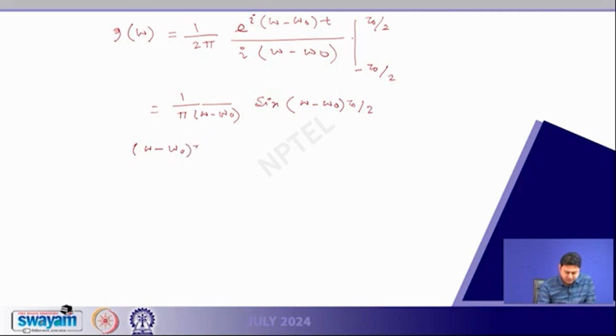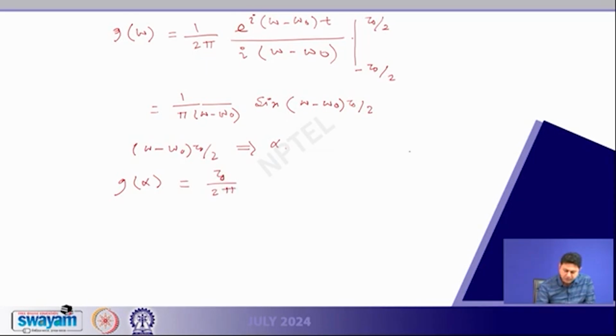Now if I write (omega minus omega naught) multiplied by tau naught by 2 as a new variable, say alpha, then my g(alpha) will be something like tau naught divided by 2 pi, because one tau naught will be there.